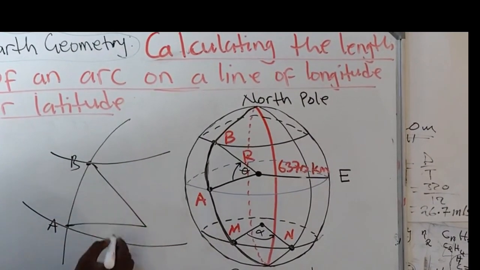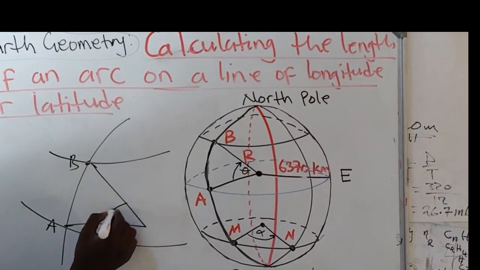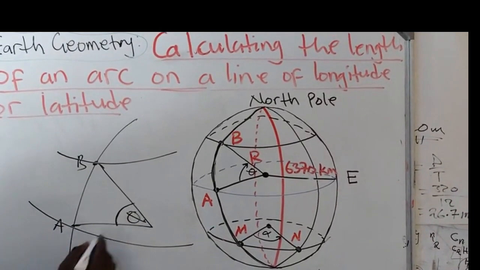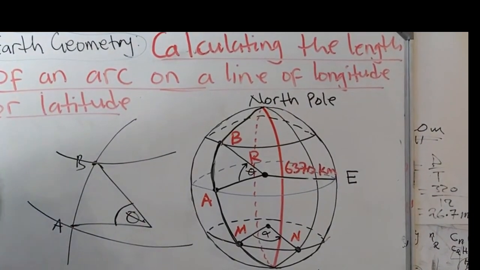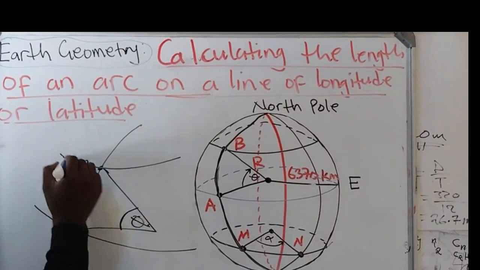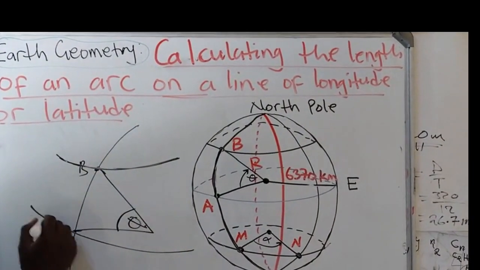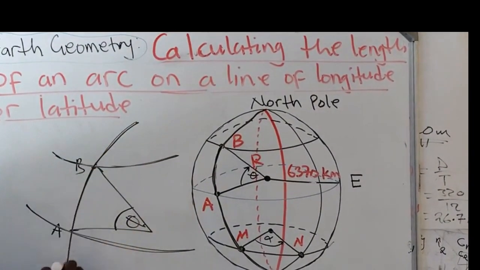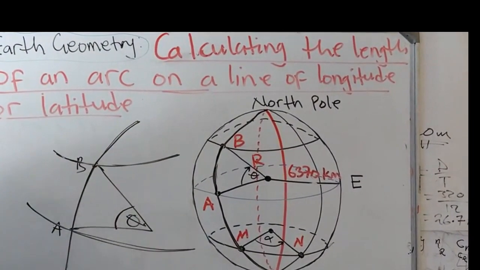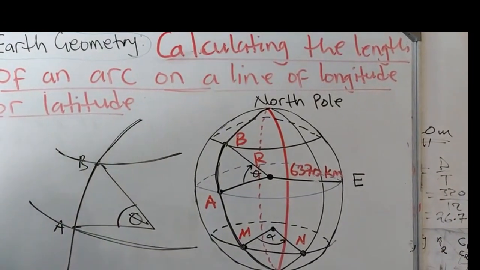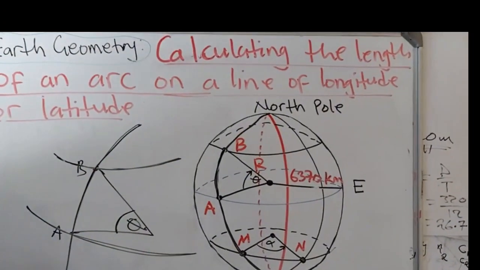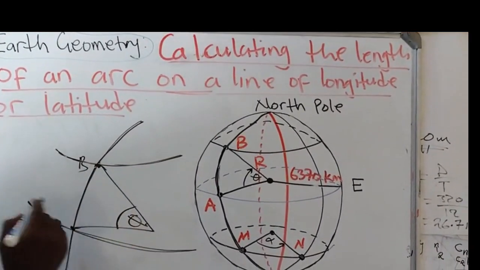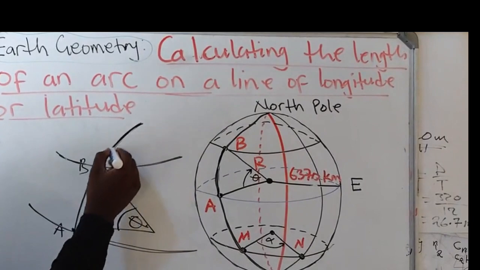The way they have been formed, there is an angle obtained here. This angle is theta. This angle is the difference in latitudes, because they are sharing the same longitude. So this theta is the difference in latitude.